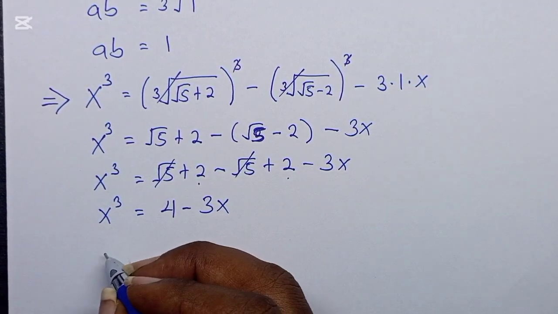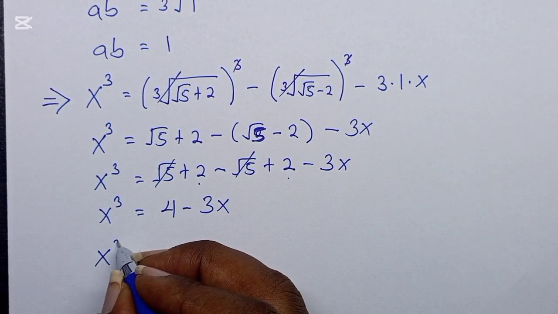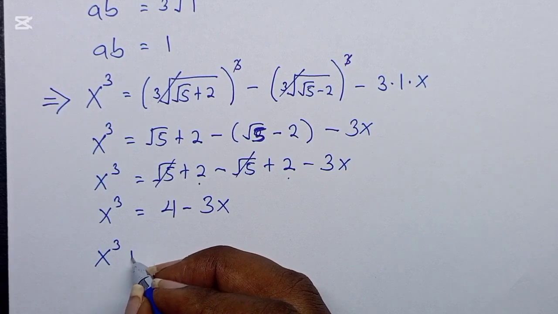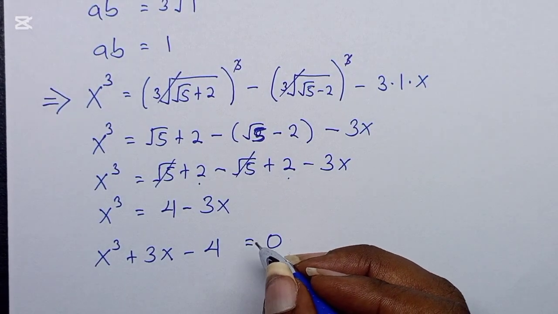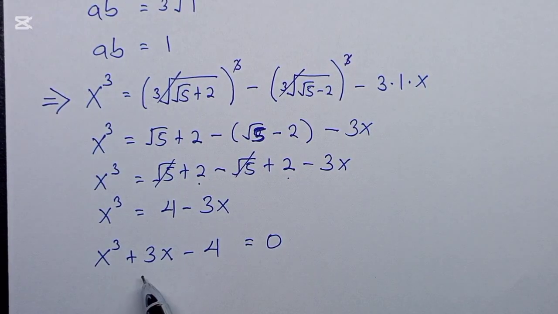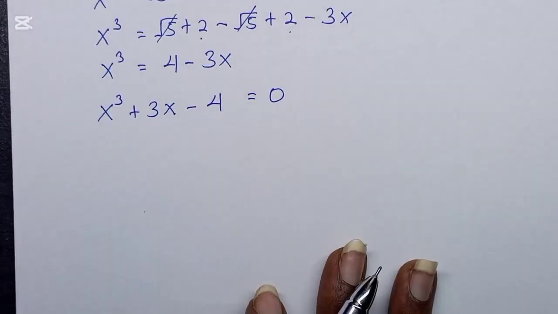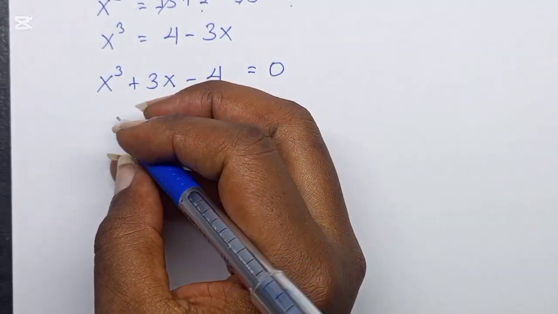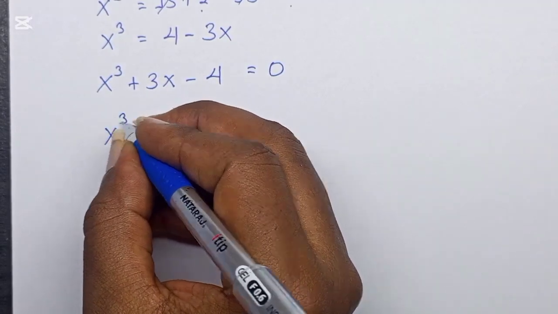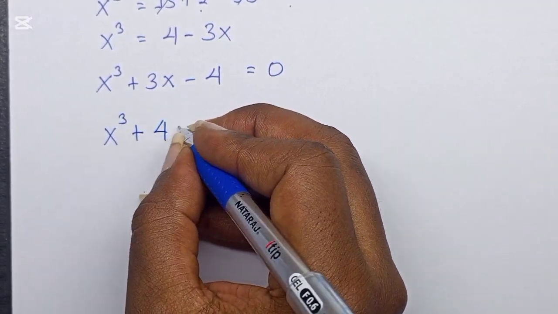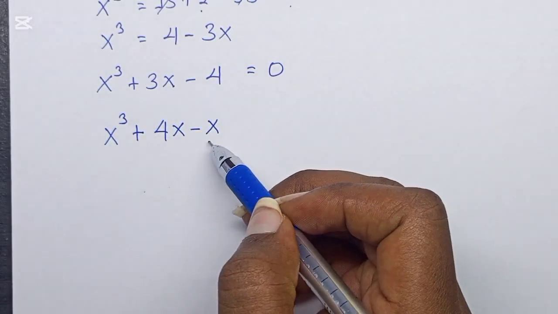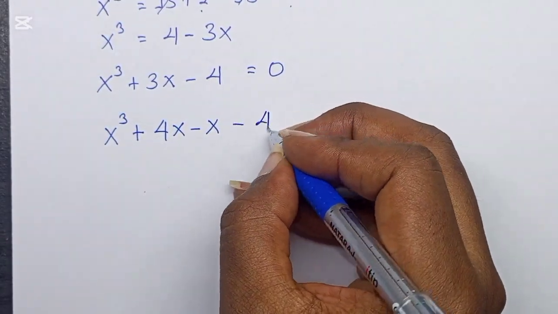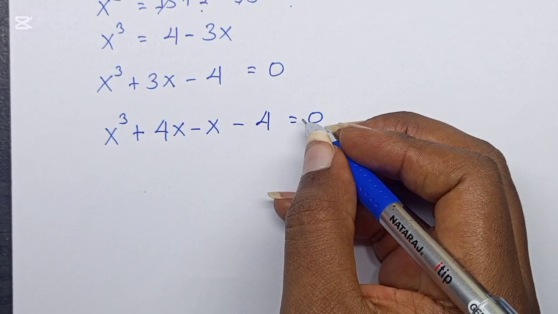So when we take this side, we shall have x to power 3 plus 3x minus 4 equal to 0. Now to solve this cubic equation, let's use grouping and factorization. We shall have x to power 3 plus 4x minus x, since 3x is the same as 4x minus x, then minus 4 is equal to 0.